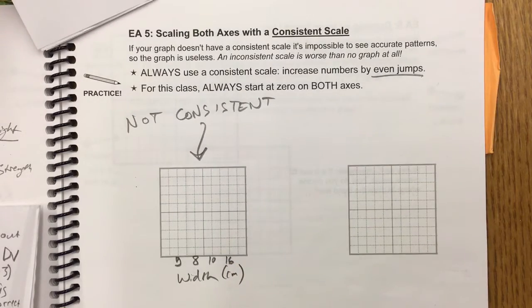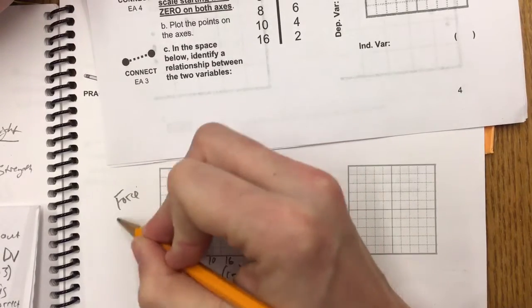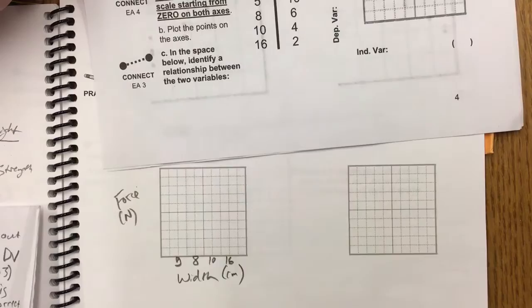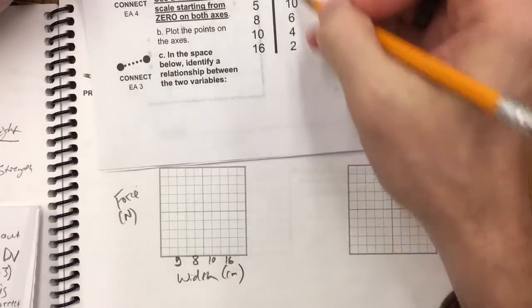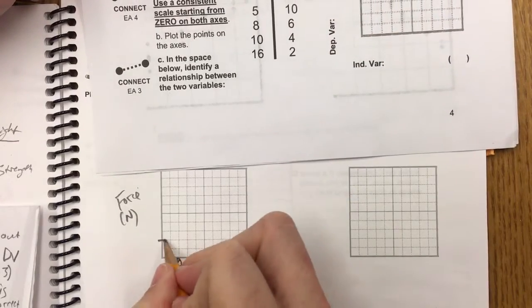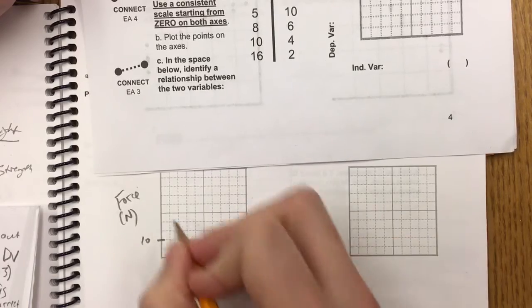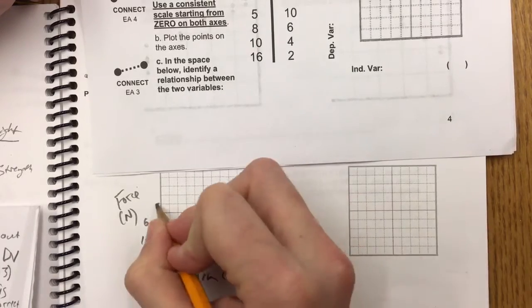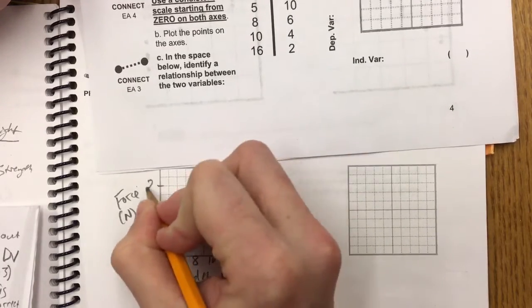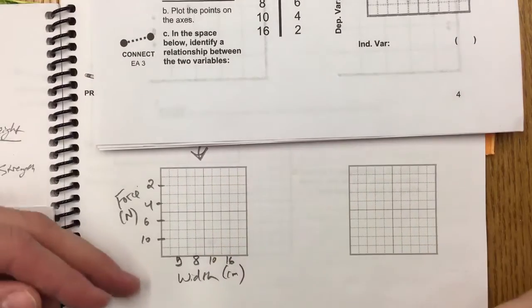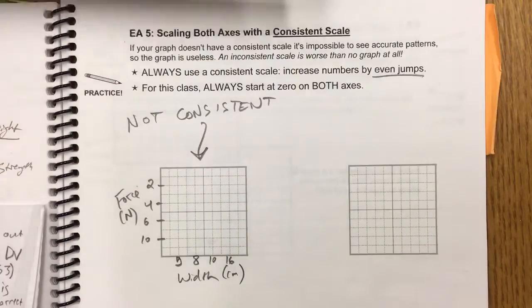This is not consistent. If we took these numbers on the force axis and we said that force could be measured in, say, 10, 6, 4, 2. This doesn't go up from 0, and it definitely is not consistent.